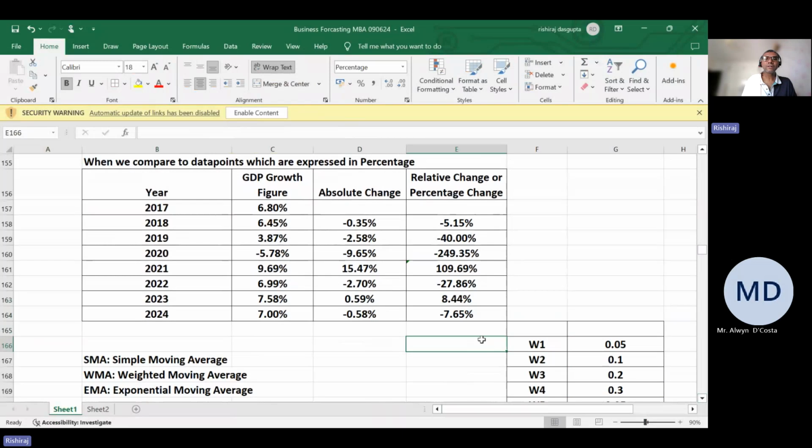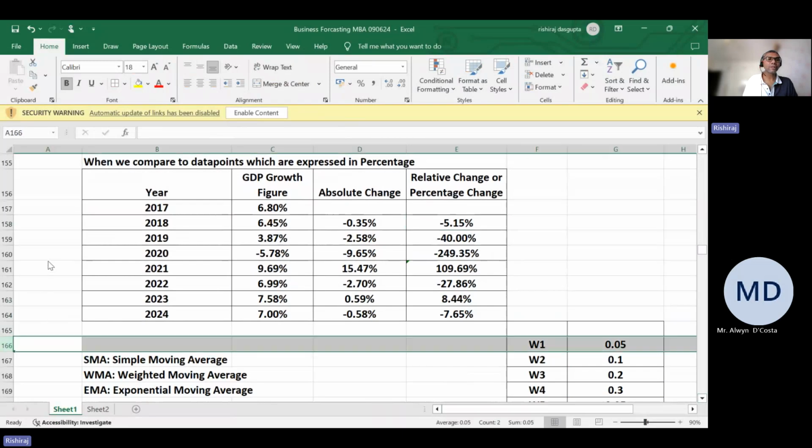We must mention that this change is an absolute change and this change is a percentage change. That's the reason to distinguish between relative change and absolute change. Absolute change is not expressed as a percentage; they say basis point or percentage point. So we'll stop here and talk about the concept of basis point and percentage point.